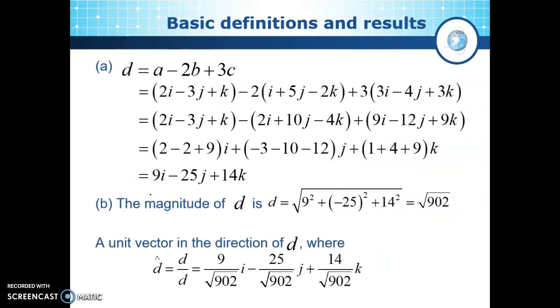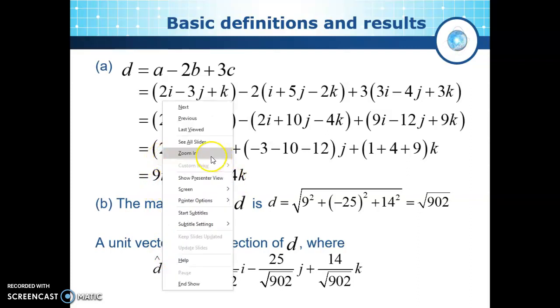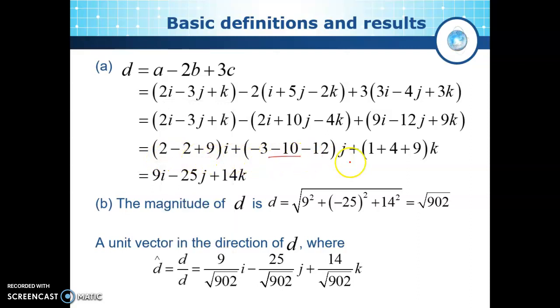Okay, so you just do like this, and then you get the final answer. So how to get 9, negative 25, 14? Because this is for i, j, and k. You can add using the same derivation for i, j, and k. So you get 2 minus 2 plus 9, which is 9.